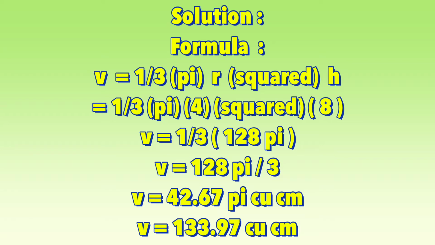We have radius. We have to substitute for the radius r squared, so we have 4 squared, and the height is 8, and we have to multiply this. First, we have to multiply 4 times 4 equals 16, times 8 equals 128 pi 1/3.